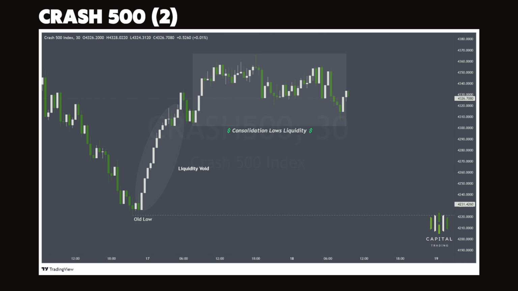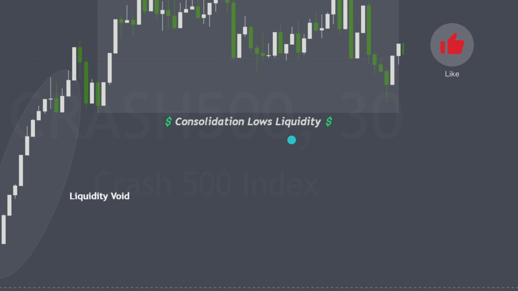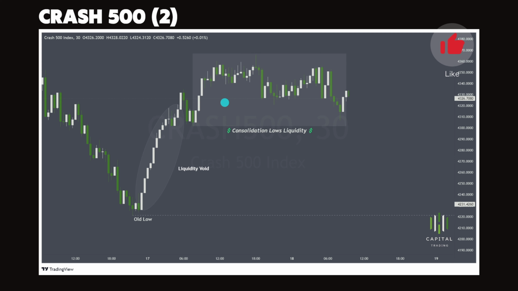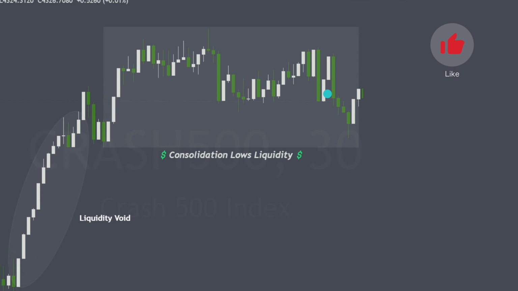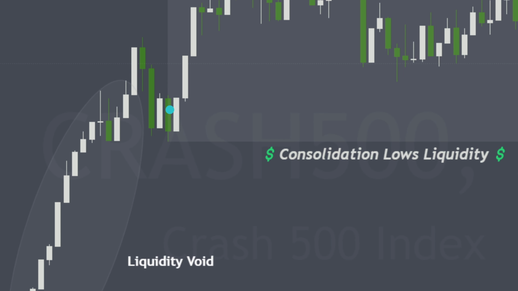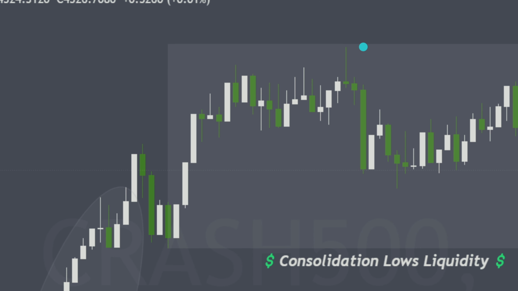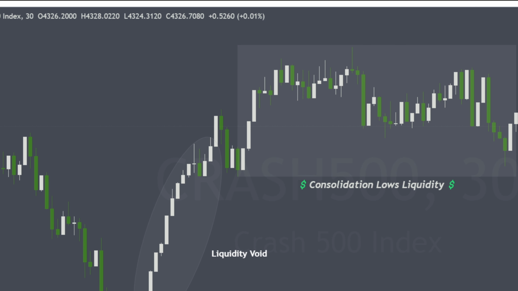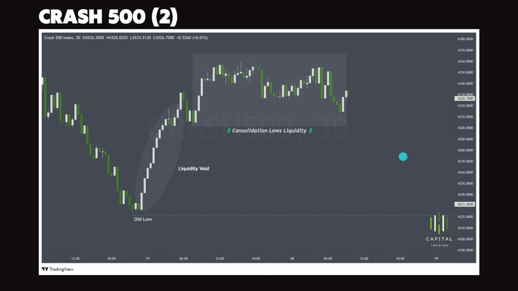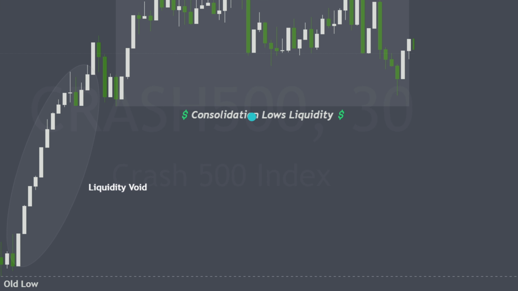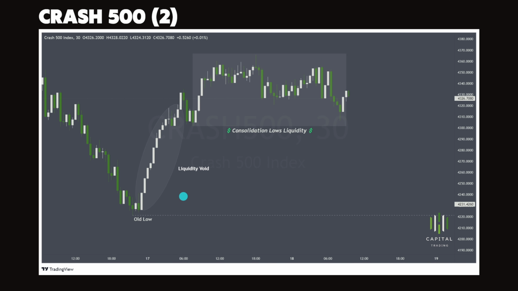So that's what we want to see. And when that happens, obviously we need to identify our consolidation. I had to identify this low and this high. So that's our range, high and low. Price had to rest for some time in this range, but eventually it's going to have to reach into this consolidation low and then attempt filling this liquidity void.